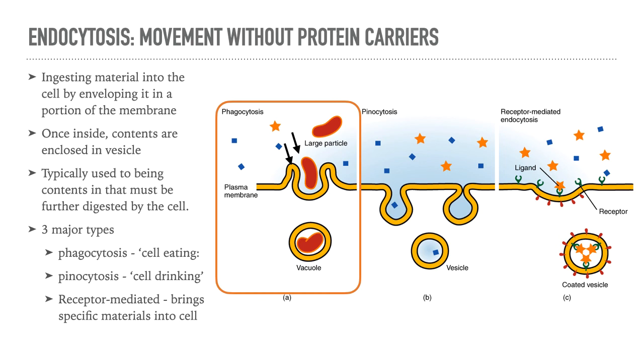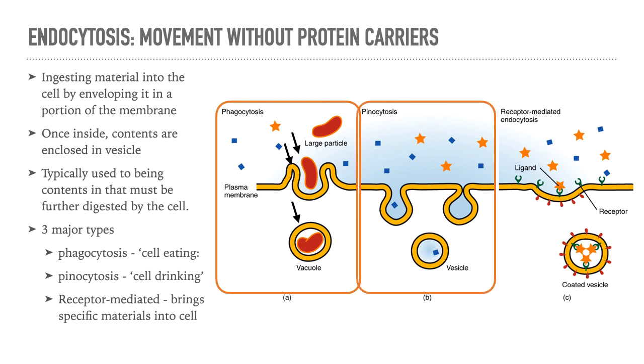Once it wraps all the way around the bacterium, it's going to pinch off into the cell. Now what we have is a vacuole or vesicle where a bacterium is enclosed within that vesicle. This keeps the inside of the cell safe from that bacteria, and it allows the cell to destroy that bacteria by fusing that vacuole with other vacuoles that contain toxic chemicals.